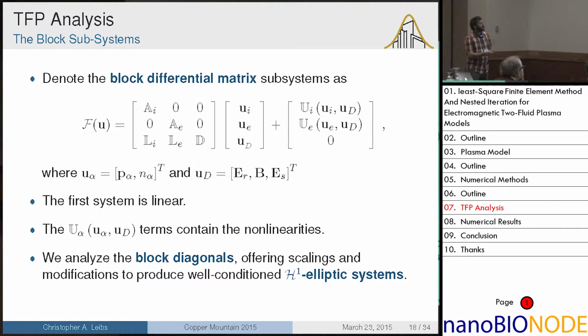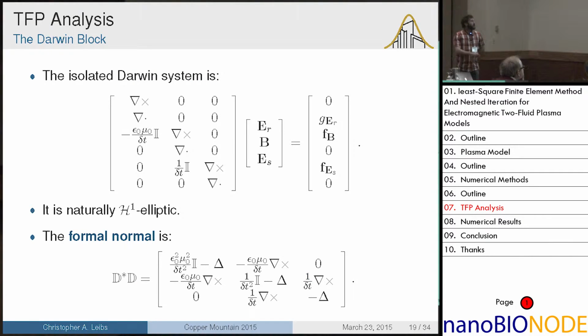Ignore the off diagonals here for a second, L and U, and we're going to focus just on these block diagonals as we go. So first, starting with that Darwin block, we notice there are some really nasty looking constants in here. Epsilon naught, mu naught, it's like 1 over the speed of light squared or something. We have some dt's floating around, and we look at the formal normal, which for us is just a heuristic way to know how multigrid is going to behave on this system.